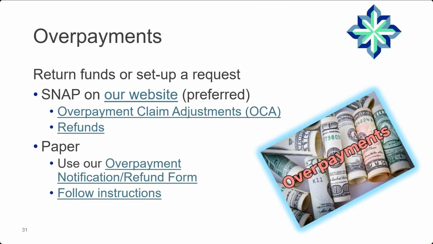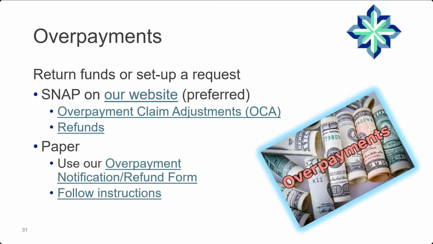A couple more things for you. First one is overpayments. WPS receives a lot of overpayment notifications and refund requests from providers. And we know that you want to repay Medicare in a timely manner, but there can be delays if you use an incorrect or outdated form.